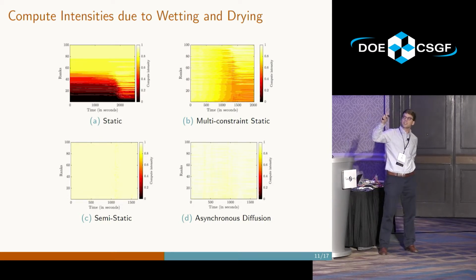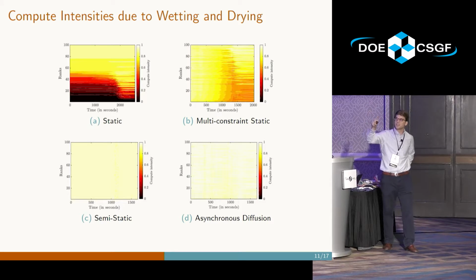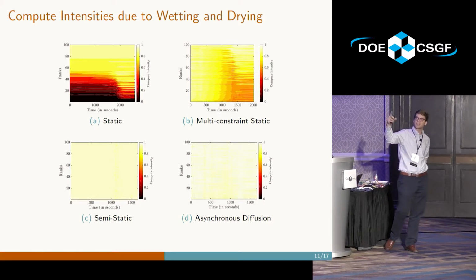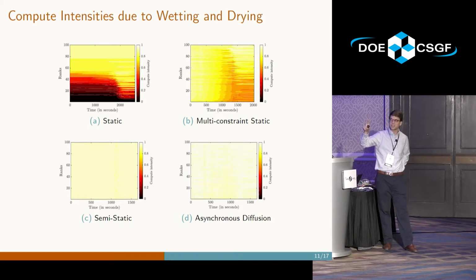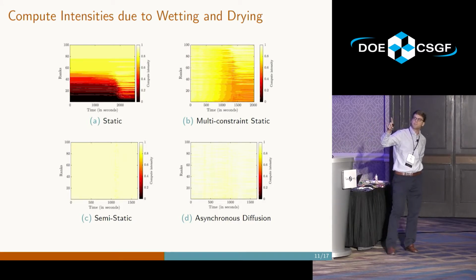Just a side note, these are simulations of our code. We built a discrete event cost model to do these analyses offline. This was also part of my practicum work. But what you can see in the static case is that as the storm makes landfall, you get all this inundation, and you have this dynamic load imbalance.